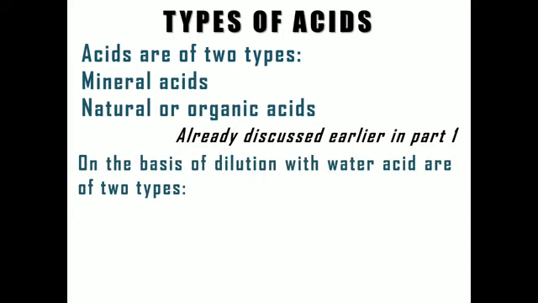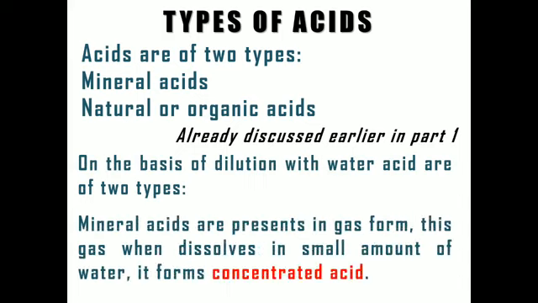Now, depending upon the dilution with water, acid can be divided into two categories. One is the concentrated acid. Remember, the acids available in our laboratory are of two types.